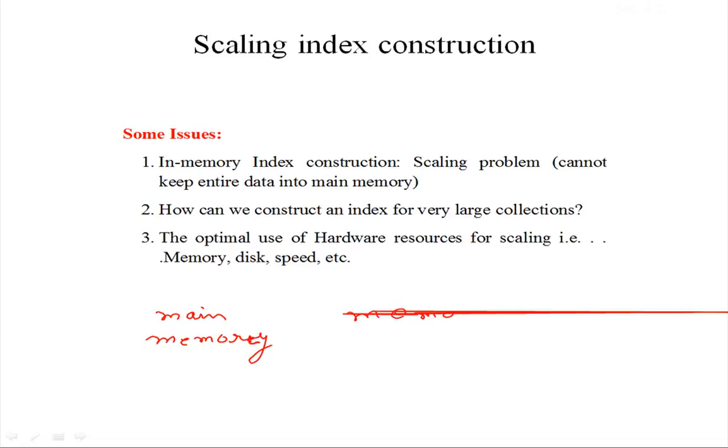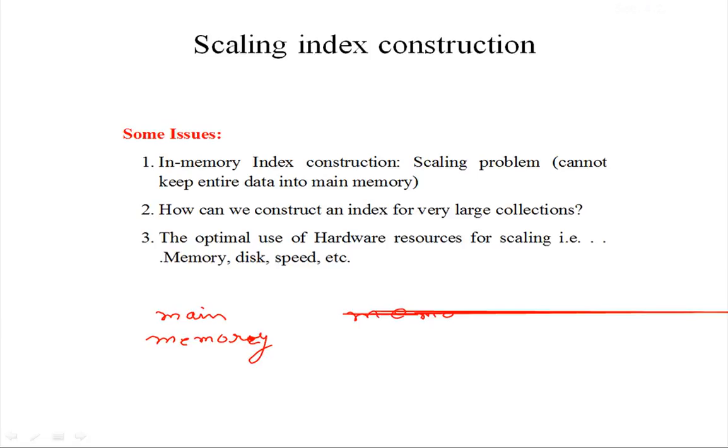Actually, the size of main memory is very limited and we cannot keep the entire data in main memory. And if we take data from disk and then prepare the indexing, it will take a lot of time.